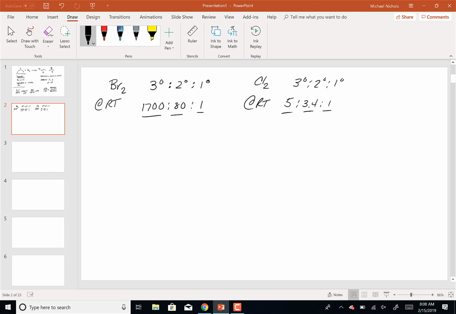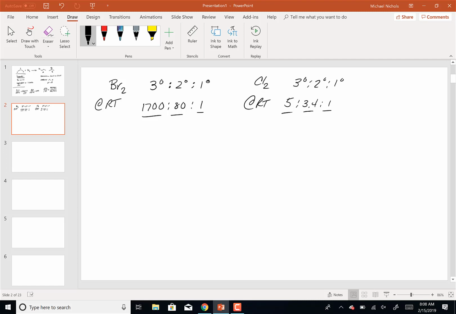So what does that mean? That means for bromination, we form a tertiary radical 1,700 times faster than a primary, and you form a secondary radical 80 times faster. For chlorination, it's only 5 to 3.4 to 1, so those ratios are much smaller. That's what's measured experimentally, and that's what we're going to use.